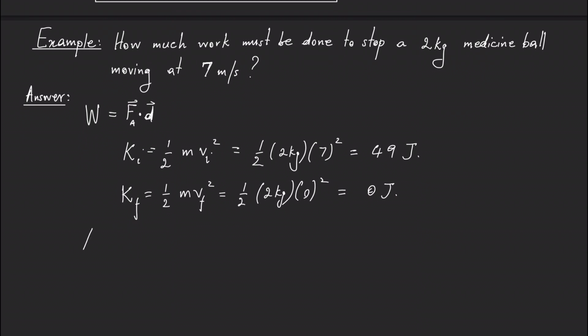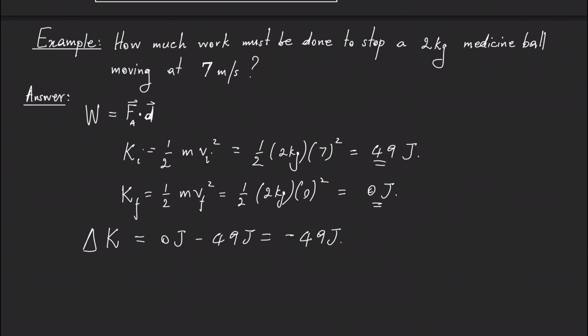Therefore, let's calculate the delta K, which is the change in kinetic energy. Remember, change is always equal to final minus initial. So what is our final here? It's 0 joules minus, what is our initial? Our initial is 49. So we have 49 joules. Therefore, the change in kinetic energy is minus 49 joules.